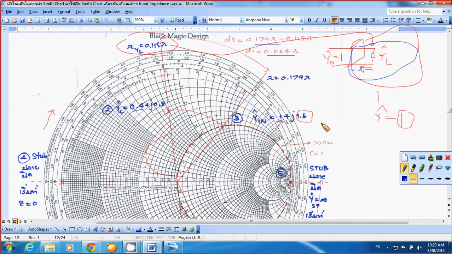Okay, the next step is that you want to get rid of 1.6. So you know exactly that you are looking for the normalized stub admittance to be what? Negative 1.6j, correct?